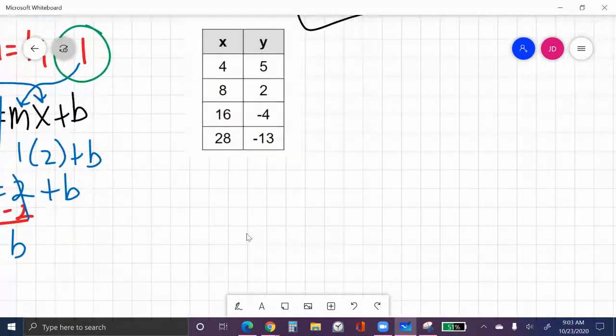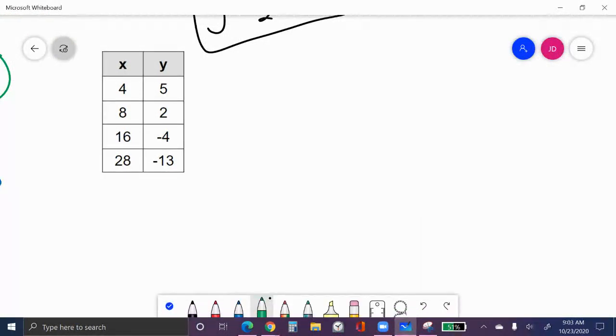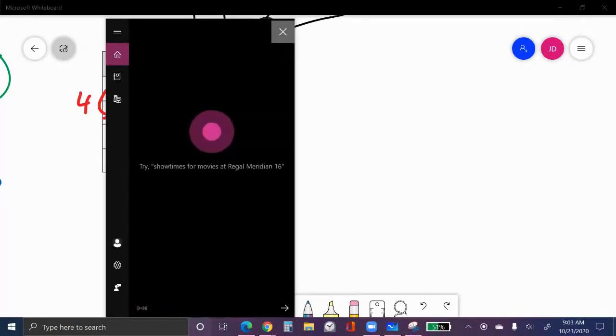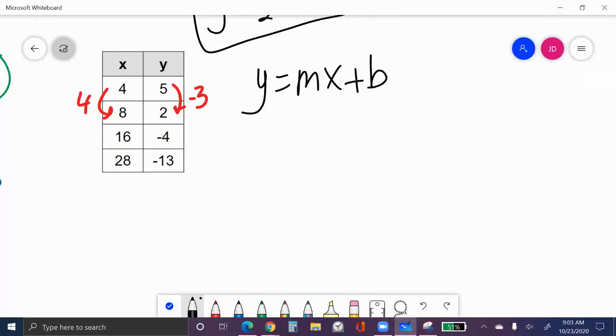Another one where the y-intercept is not given in our table. Let's find the slope. 5 to 2 goes down 3 over 4. Okay, no intercept. So again, y equals mx plus b.